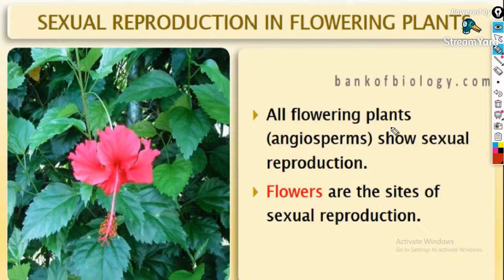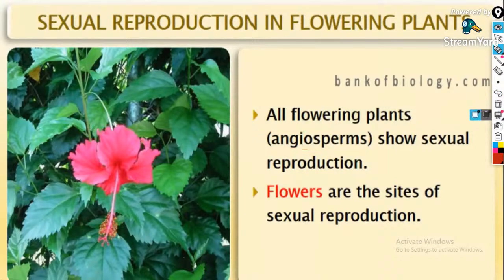So, sexual reproduction in flowering plants. Flowering plants generally indicate what? Flowering plants generally means angiosperms, because only angiosperms make flowers, and their seeds are covered.